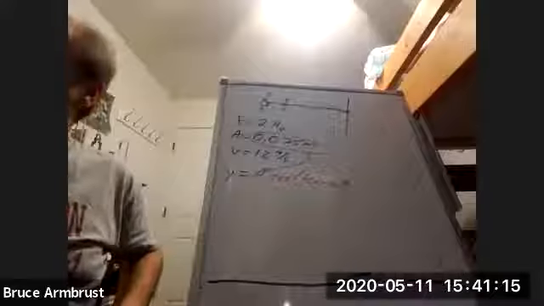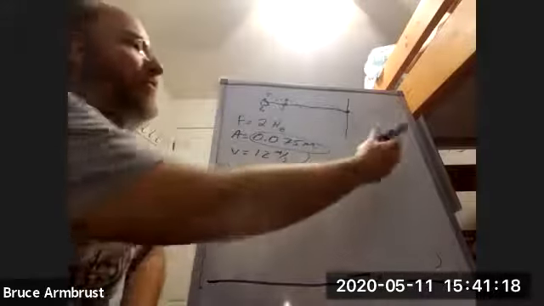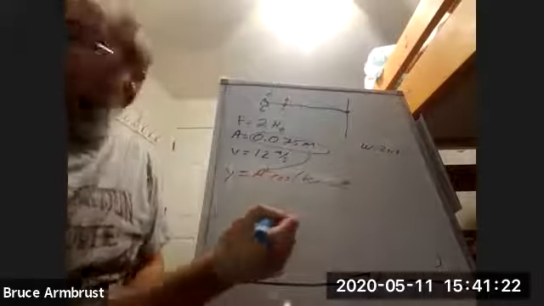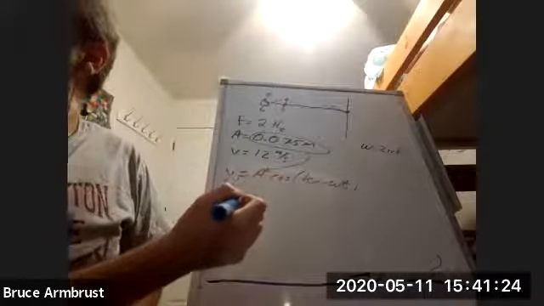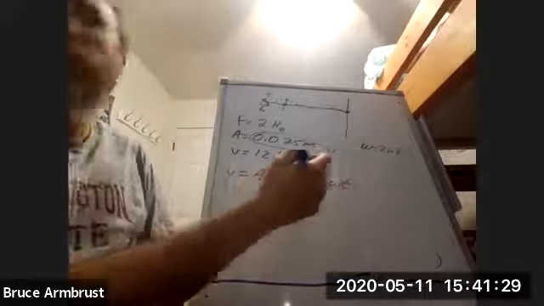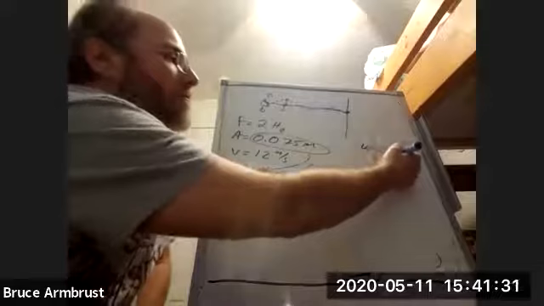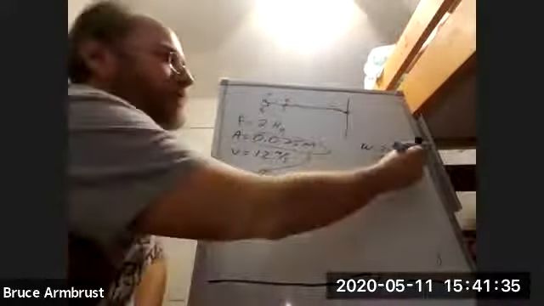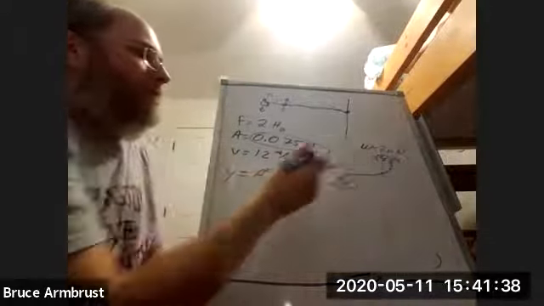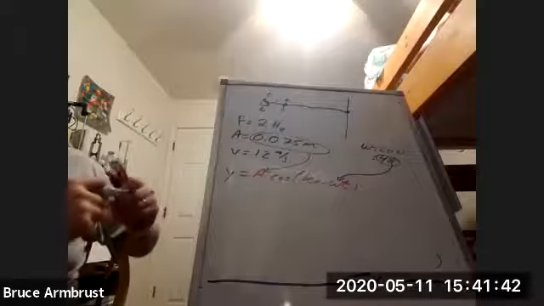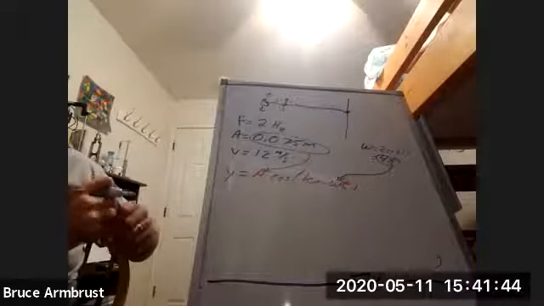Okay, let's get omega. So we do know that omega is equal to 2 pi times f. So that's going to be 4 pi. So that is going to go in here. So Bradley, what did you say again about finding lambda?